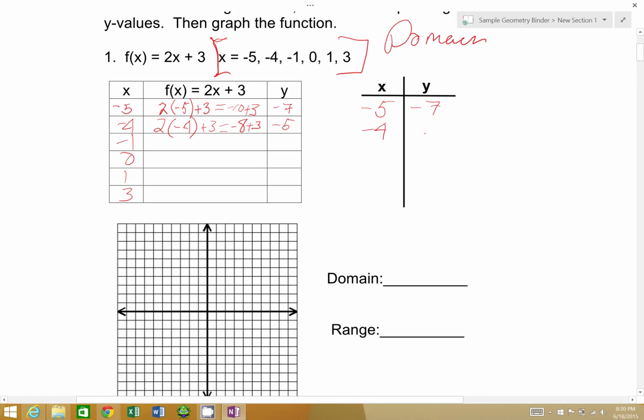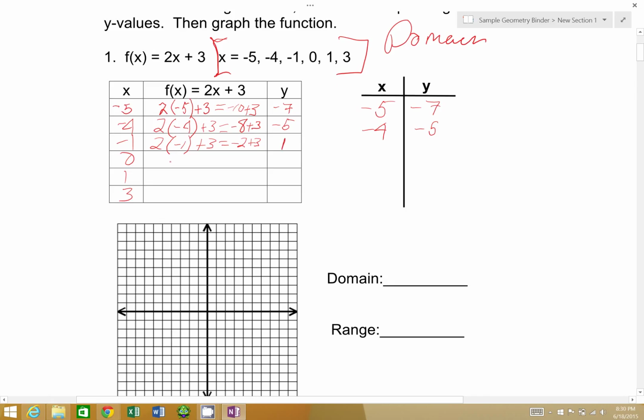So I have -4 and -5. Plug in -1. We're going to do this for each one of these. That gives me -2 plus 3, which gives me 1.